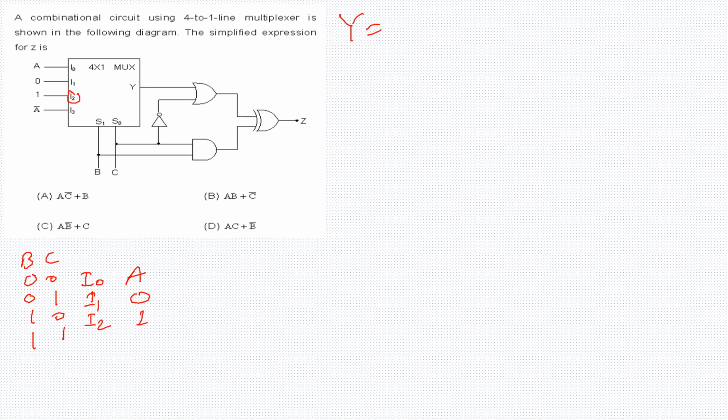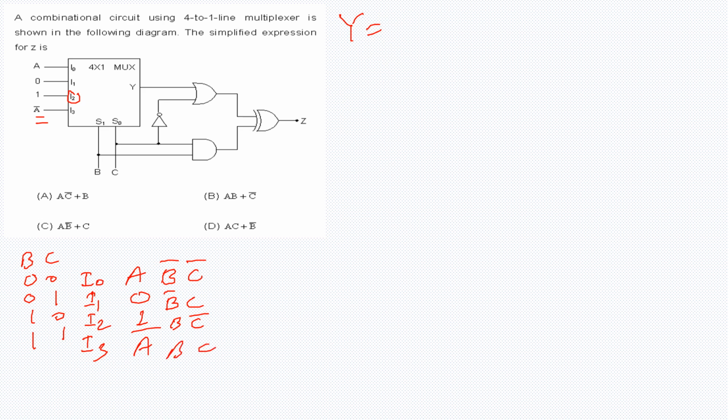Now I3 will be selected when both are 1, so it will be A bar. Now this 0 0 will correspond to B bar C bar, 0 1 will correspond to B bar C, 1 0 will correspond to B C bar, and 1 1 will correspond to B C.